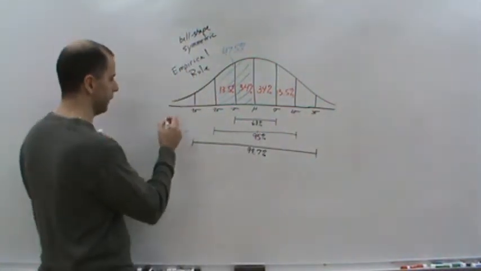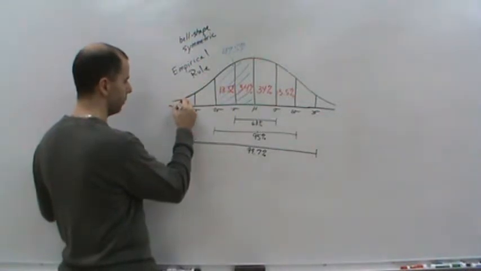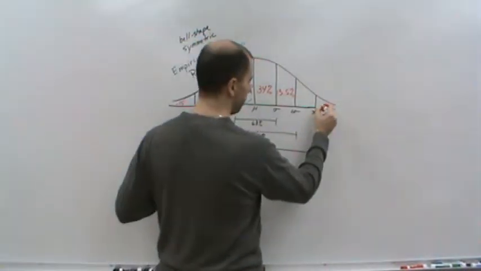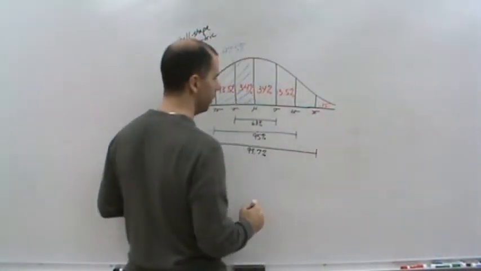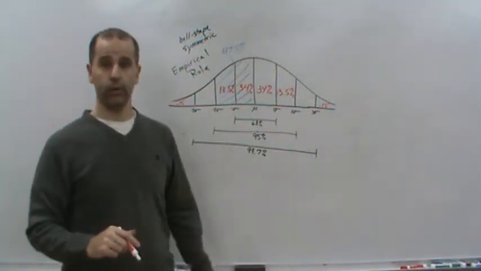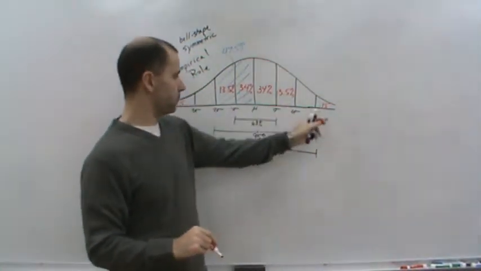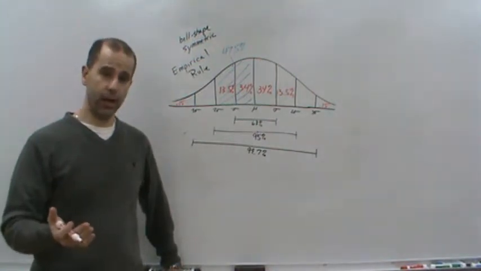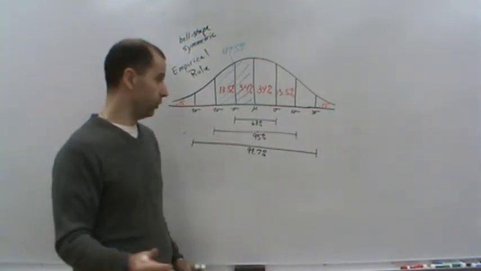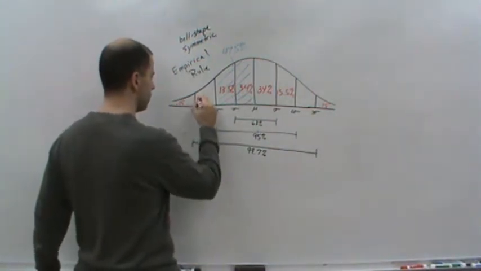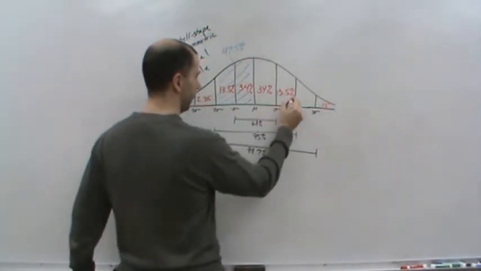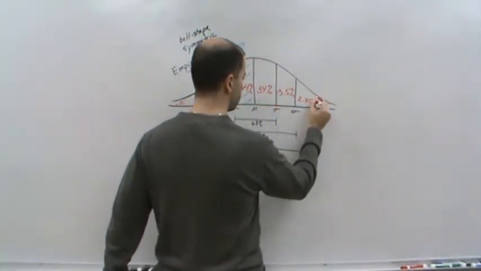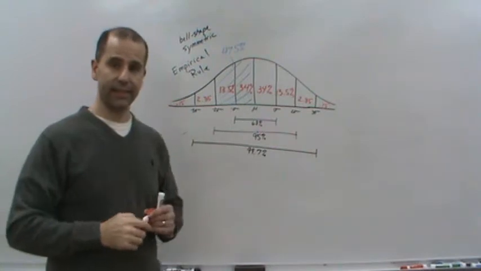So what ends up being in this tail? 0.15 and 0.15. Well, what does that leave left over? You can add up all these percentages, subtract from 100, divide by 2, and you'll find that this is going to be 2.35, and this will be 2.35%, and that's the entire table.